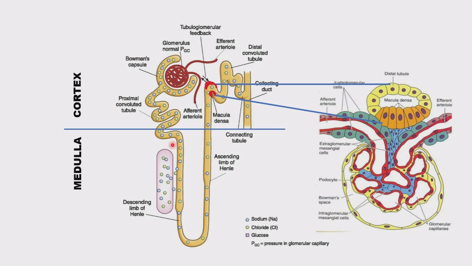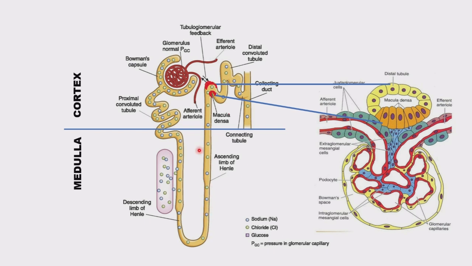Then to your loop of Henle, the descending loop of Henle, and then ascending loop of Henle, located at the medulla of your kidney. Notice that the walls of all portions of the descending limb are very thin. Same with your ascending limb. That is why they are called the thin segments of the loop of Henle.